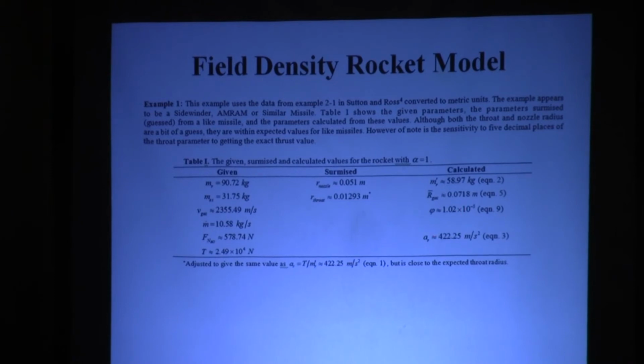You use that weird equation I gave you before, and you come out with 422.25 meters per second squared. However, if you take the acceleration to be the thrust over the burnout mass, you get the same result, but it's because I adjusted this a little bit.